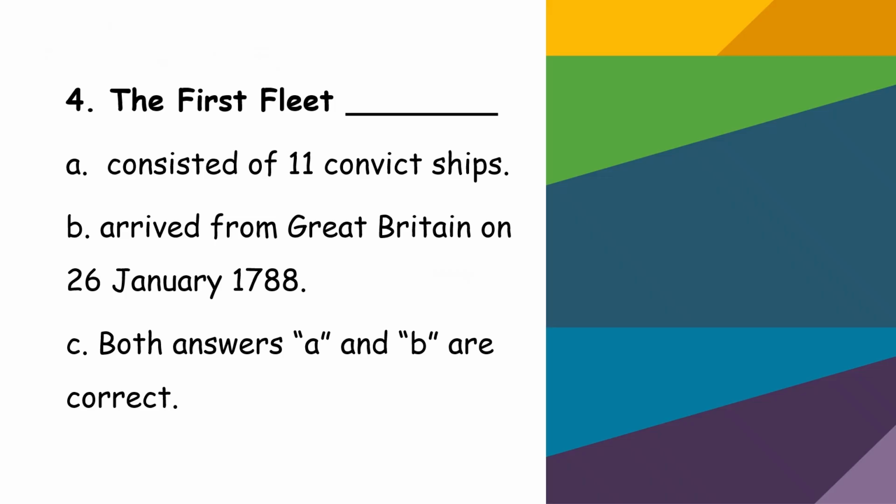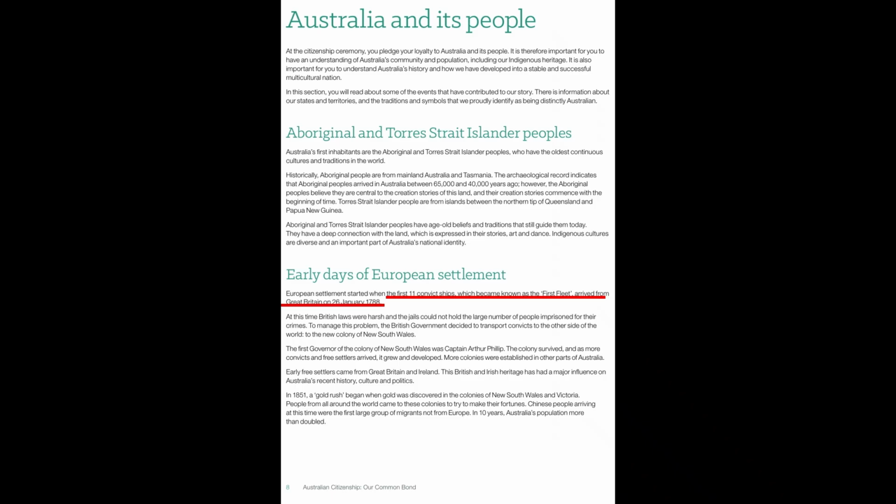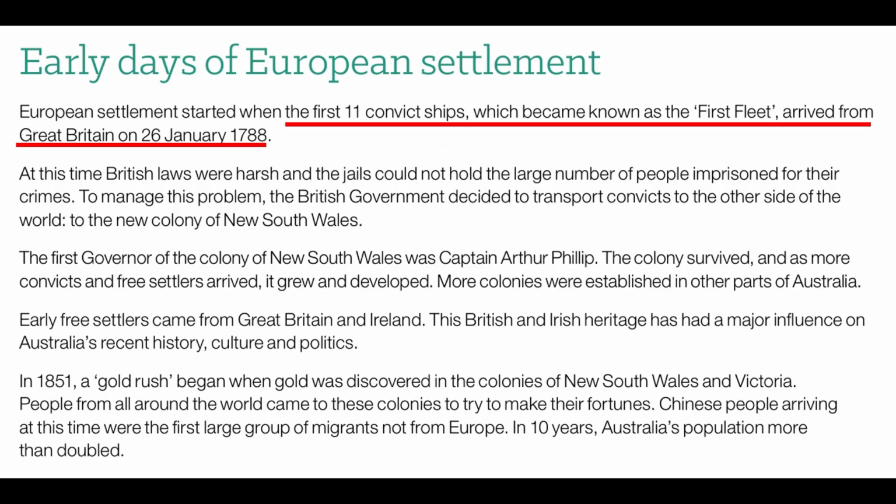Question 4. The first fleet, A, consisted of 11 ships, B, arrived from Great Britain on the 26th of January 1788, C, both answers A and B are correct. Page 8 in Our Common Bond says, European settlement started when the first 11 convict ships, which became known as the First Fleet, arrived from Great Britain on the 26th of January 1788.